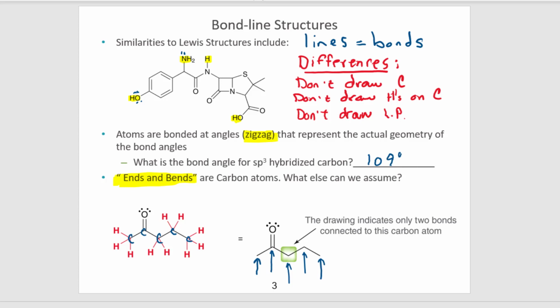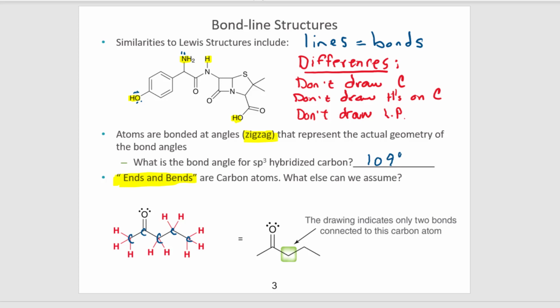Now, because there was no charge, I didn't draw any negatives or positives on the molecule, the molecule is assumed to be neutral. Therefore, all of the bond trends need to be met. Carbon's bond trend is 4 bonds.